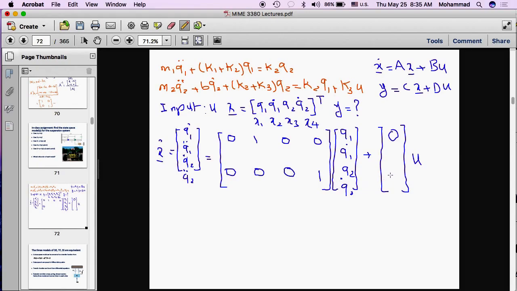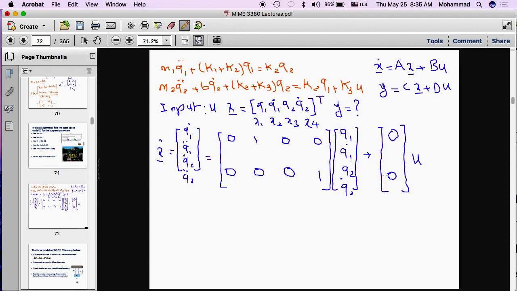And what should go here? The same question that I asked about Q1 dot. So that should be also 0. So we completed half of matrix A and B just by writing the obvious relationship between the first and third element of X dot and elements or members of X.